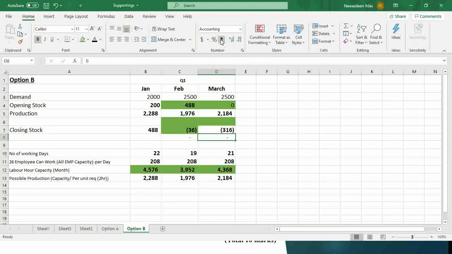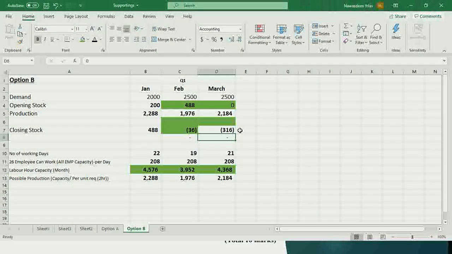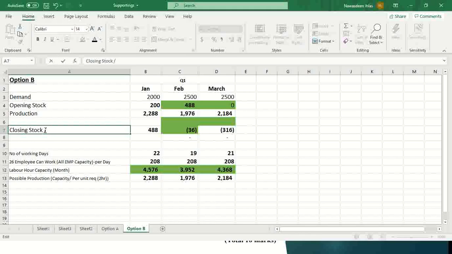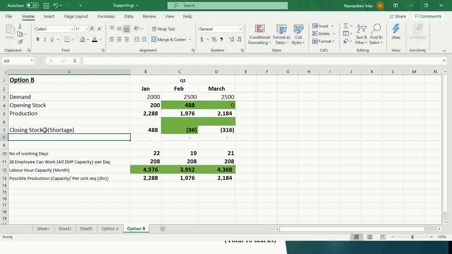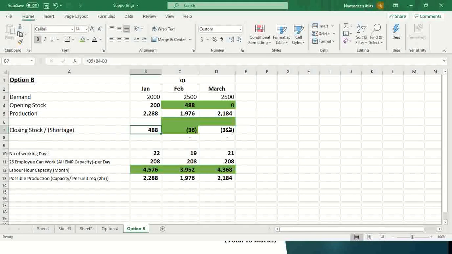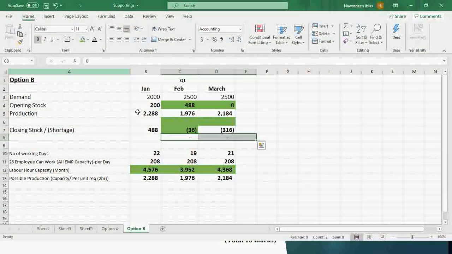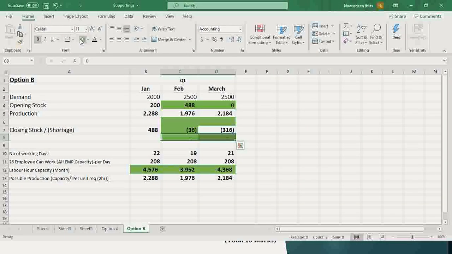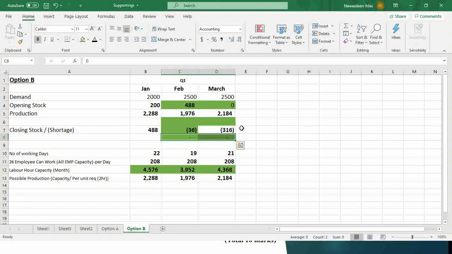So the closing stock in both scenarios is 0, but the minus figures are shortages. Remember, if there's any plus or positive figure here, it will be our closing stock. If there's any minus figure, it is not our closing stock. Closing stock will be 0, but the shortage will be 36 and 316.